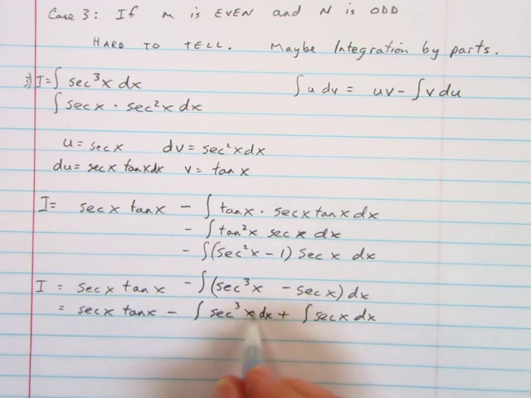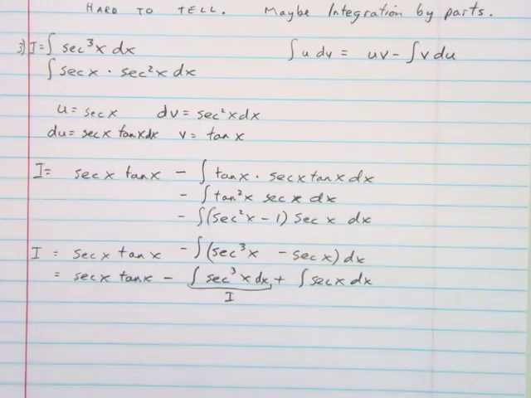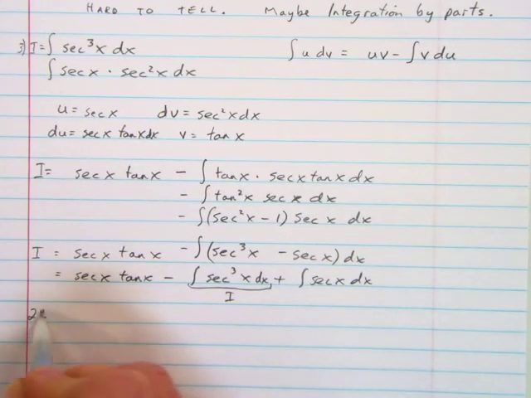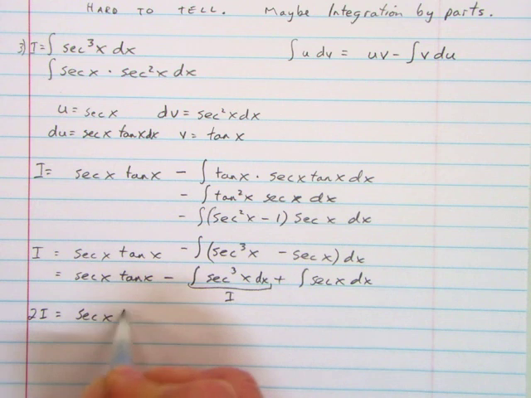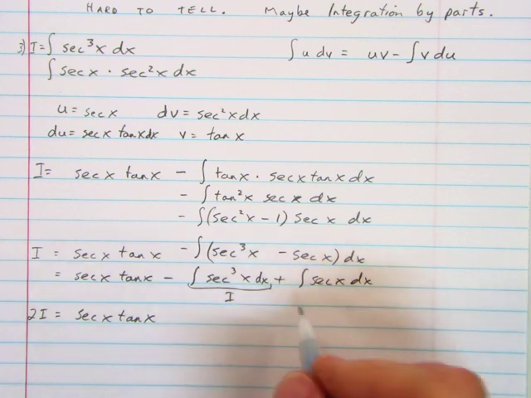Let's take this I and move it to the other side, which is one of our cases when we did integration by parts. So we'll get 2I equals secant x tangent x plus the antiderivative of secant x. We did that one in trig substitution, the first example, number 3, so if you want to review that, you can go back there.